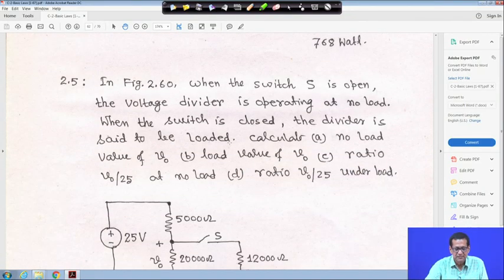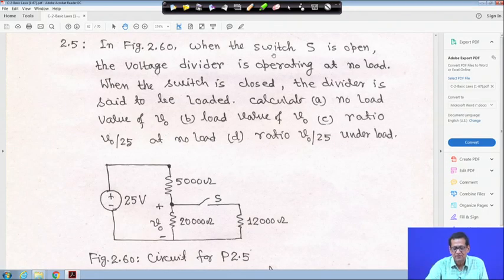Then this one, in this another problem, I will try to give you some 5 to 10 problems every chapter. In this circuit switch AC is open, right. The voltage divider is operating at no load when the switch is open. When the switch is closed, the divider is said to be loaded.